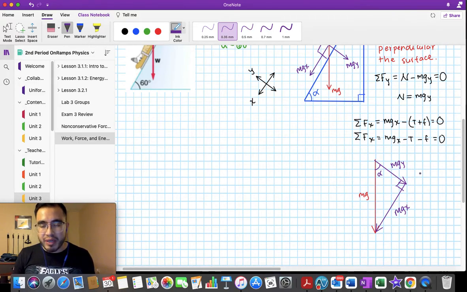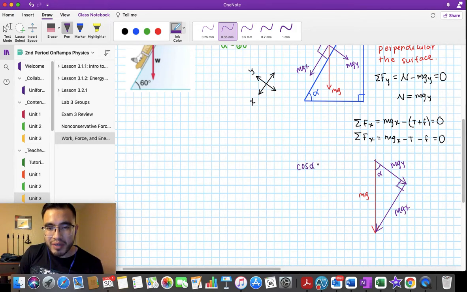Then we can use trig. Let's start with mgy, because normally we start with the sine, but let's start with mgy. mgy is the adjacent side to alpha, so we have adjacent, we have the cosine. So we say cosine of alpha is equal to the adjacent side, which is mgy, divided by mg.